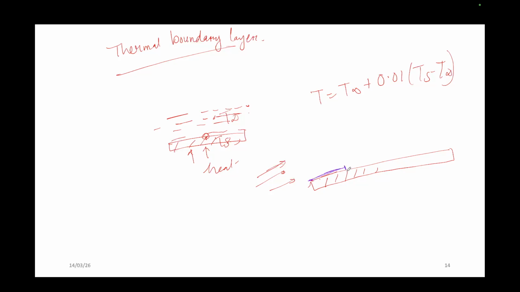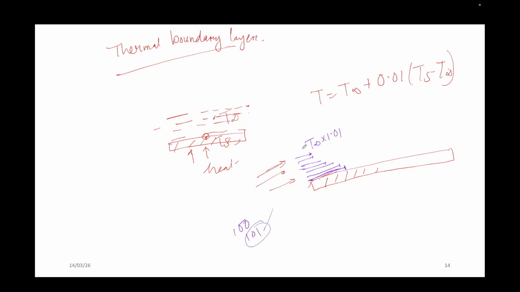So the surface temperature at this point, say the liquid temperature is 30 degrees and the surface temperature is 50 degrees. So initially it is 50 degrees and then it will try to decrease this way. So say this is the point, this is 30 degrees, which is T infinity. Okay. So at this point where it is 1% more than T infinity, like if it is 100 degrees then this point should be 101 degrees.